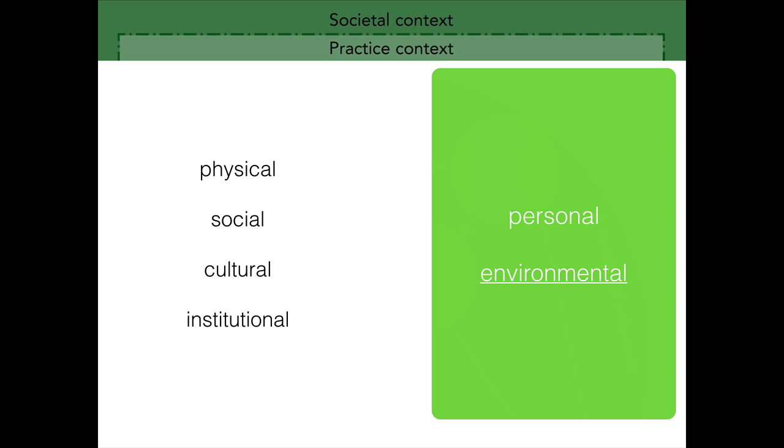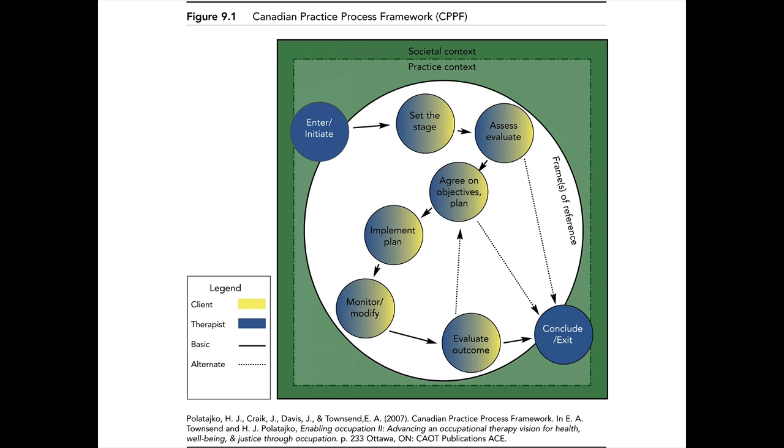Can you refer on? Do you have to deal with a lot of the issues? Cultural, what's the culture of that facility? What's the culture of our profession as occupational therapists? And institutional, are there facility policies and procedures, for example, that might dictate where therapy can happen and where it can't happen? And so all of those things influence the occupational therapy process, which is why they're framed on the outside.